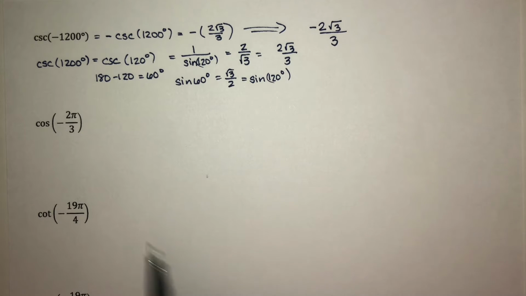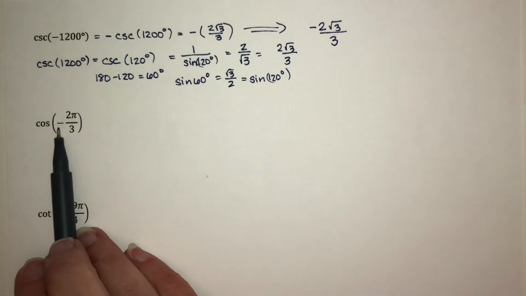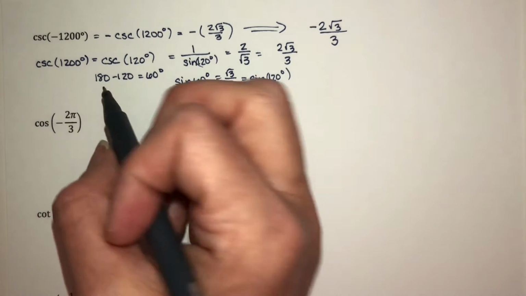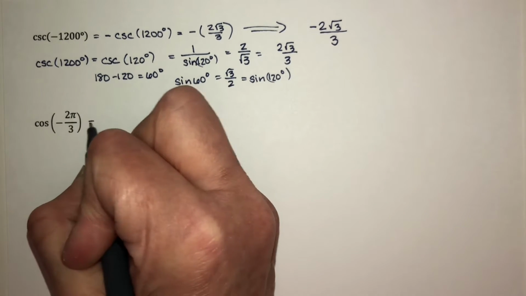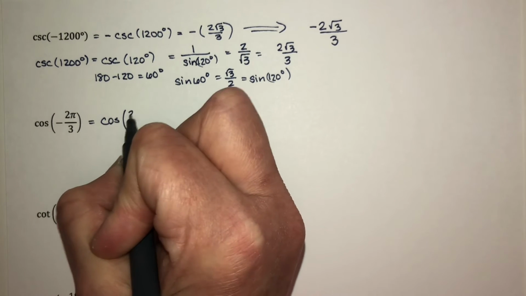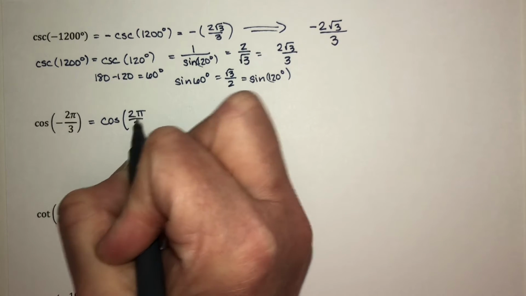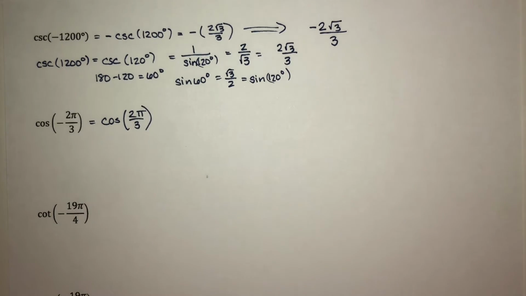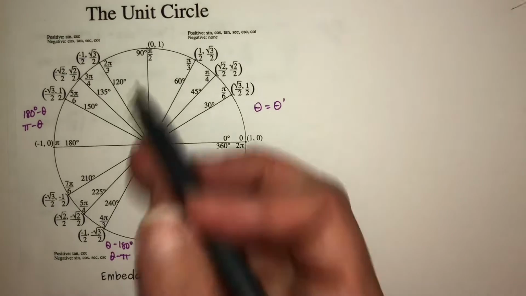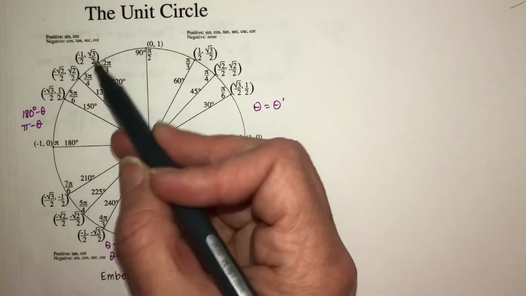Okay, now let's find cosine of negative 2 pi over 3. Cosine is an even function. So that means it absorbs this negative. So this is going to be exactly the same thing as cosine of 2 pi over 3. And 2 pi over 3 is right here.